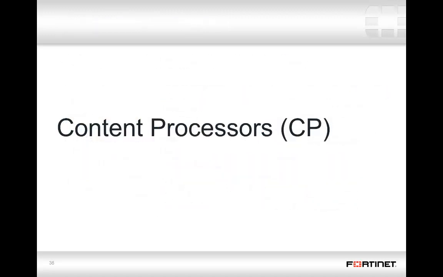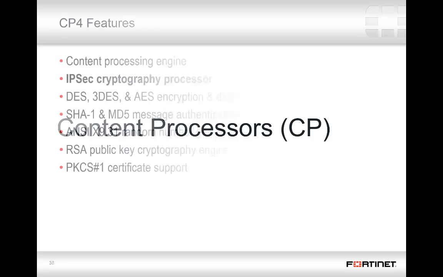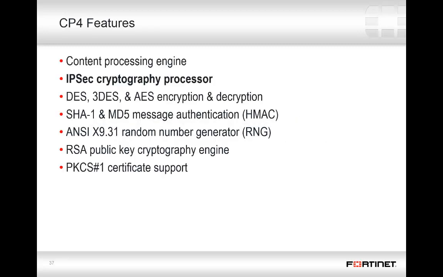Now let's talk about content processors. Fortinet has produced the CP family for a long time. CP4 is not new, but reasonably modern and still supported, so we'll start there. CP4 has basic features to accelerate IPsec, since tunnel encryption can significantly lower performance.